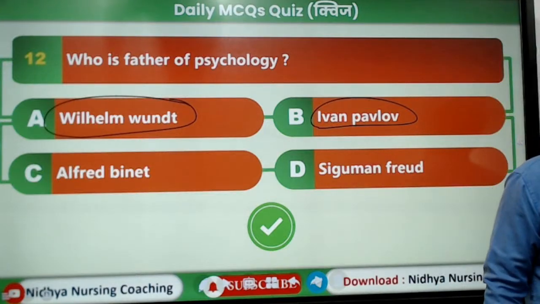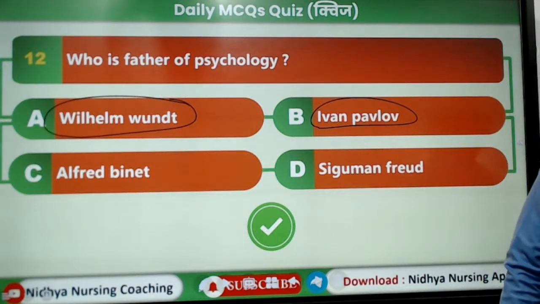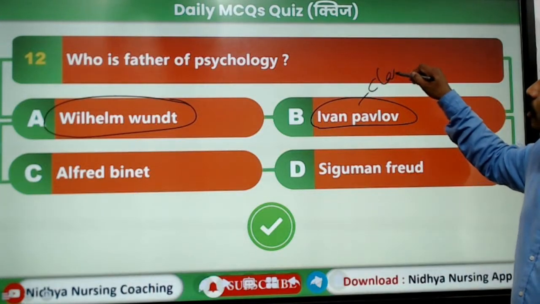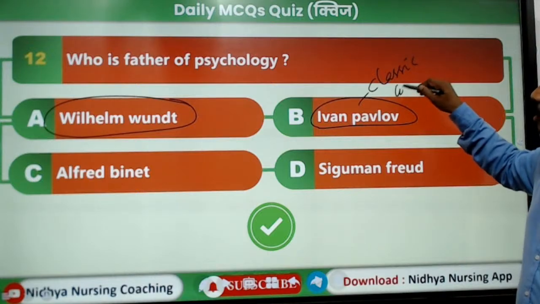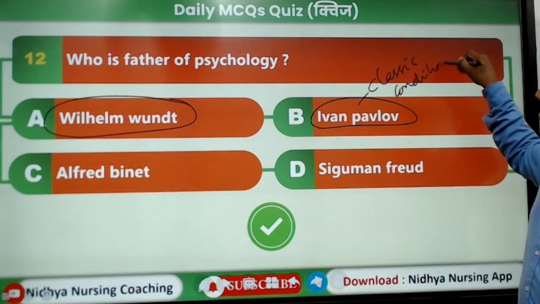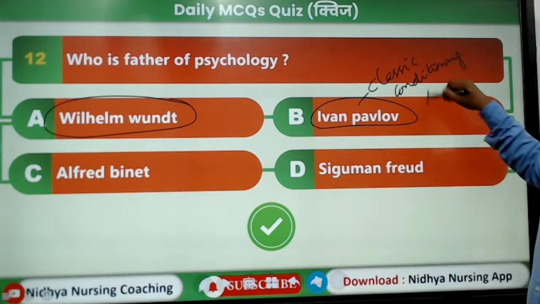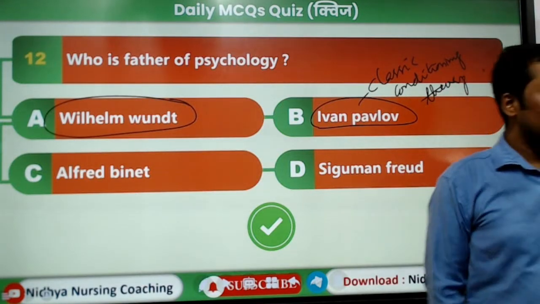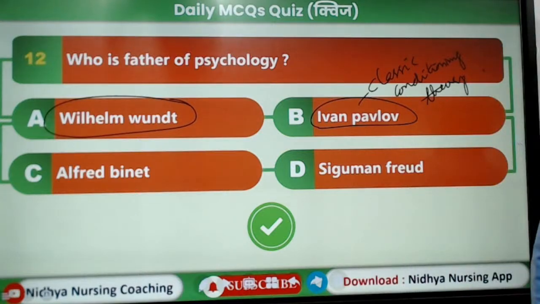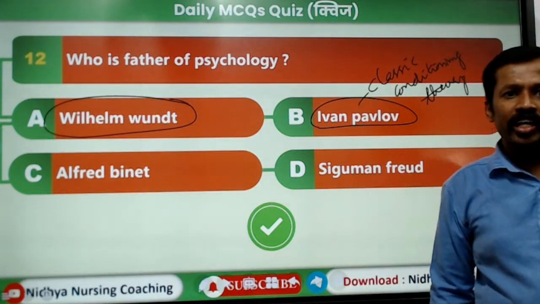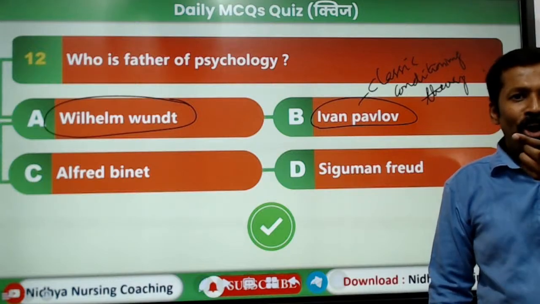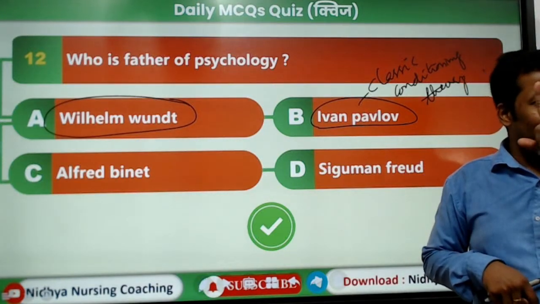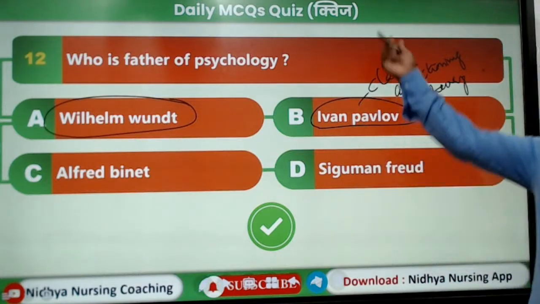Who put forward the classical conditioning theory? Ivan Pavlov. Dog, bell, food, that example. Same, Ivan Pavlov.